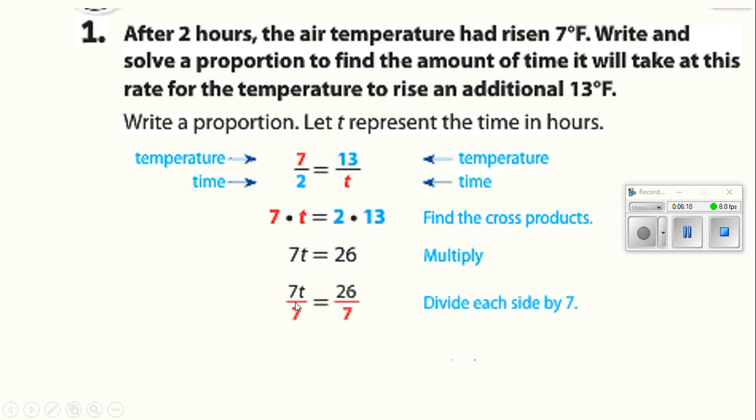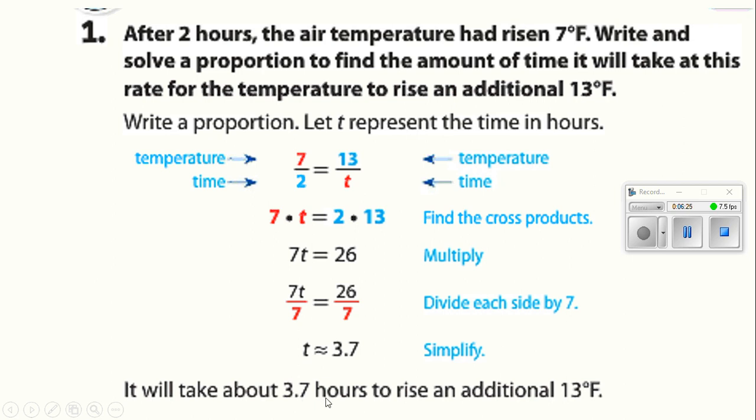That gives me 7 over 7, so I can cross out the 7s because any number over itself equals 1. And that gives me t equals whatever 26 divided by 7 is. That equals about 3.7. So it will take about 3.7 hours to rise an additional 13 degrees Fahrenheit.